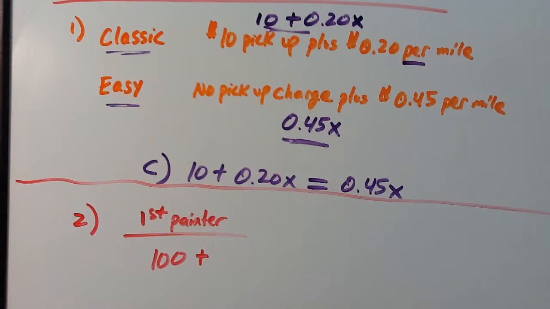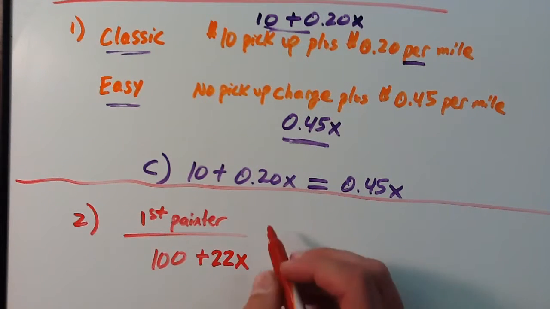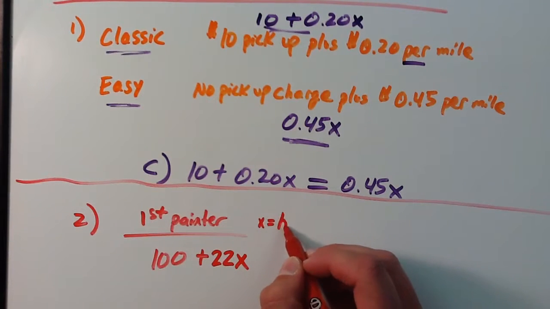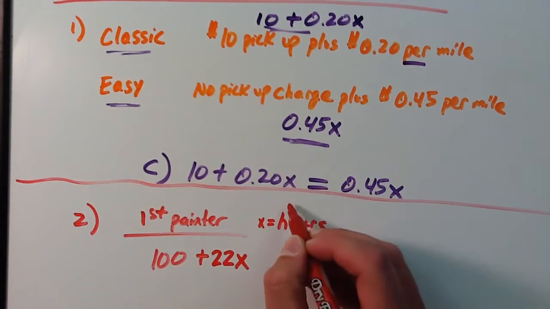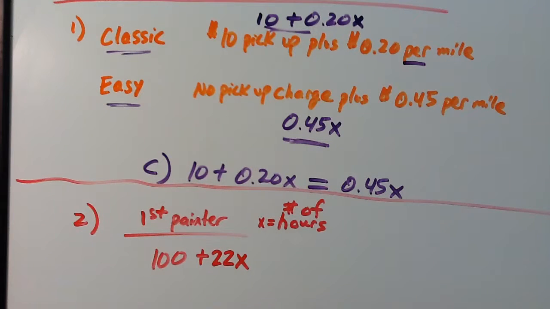In this case, $22 times the number of hours. So I'm paying $100 up front plus 22 times the number of hours. Again, let's use the variable x, in this case, to represent the number of hours. x will represent the number of hours. So the first painter charges $100 plus 22 times the number of hours.